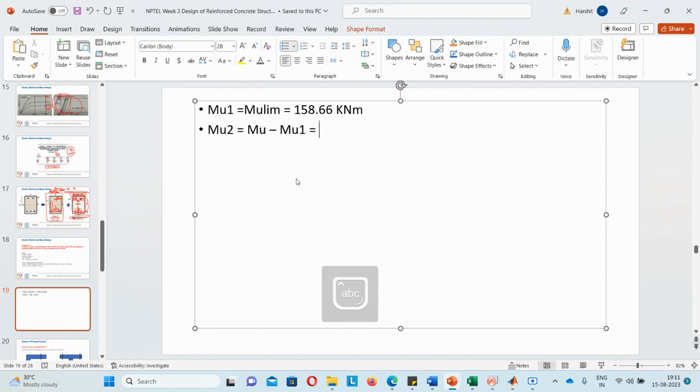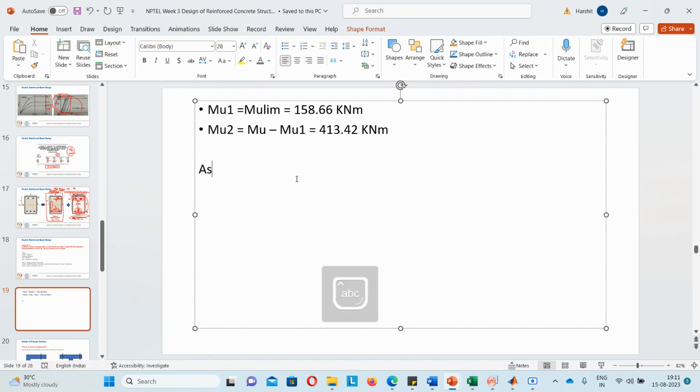That will be approximately 413.42 kilonewton meter. Okay, you can do that correction. So we know for the first part how much moment we need to design for, and for the second part how much moment we need to design for.